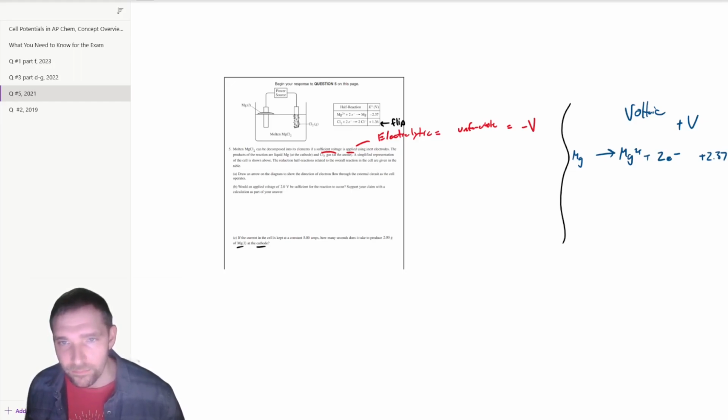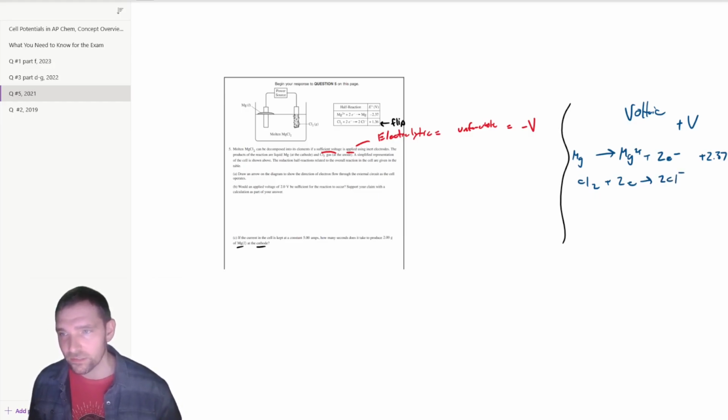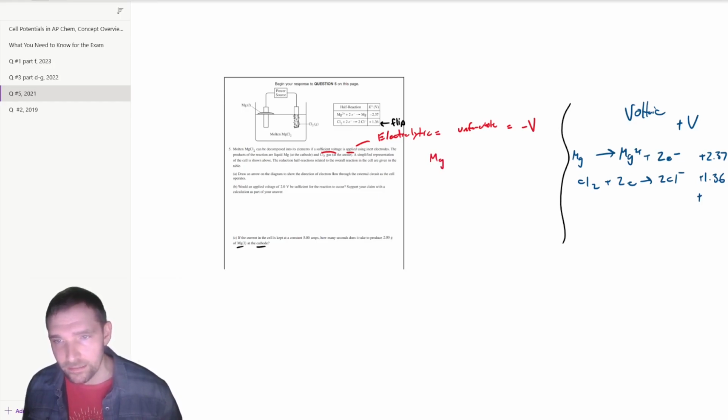And the chlorine plus 2 electrons would stay the same if we're thinking about it as an ideal voltaic, which is not actually the case. So we'll come back to the electrolytic, but I like to contrast the two in my brain. If I were to have these two reactions written like so, that would be spontaneous, and I'd get a positive number here. But what we really have is this magnesium.